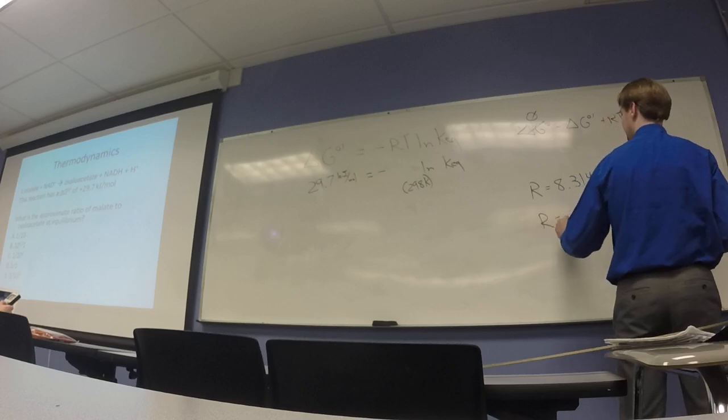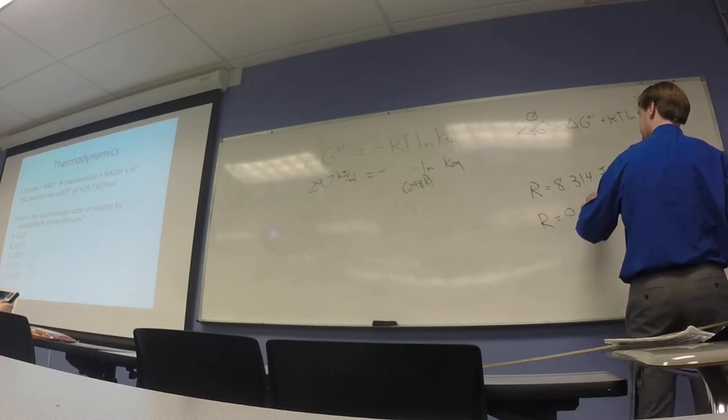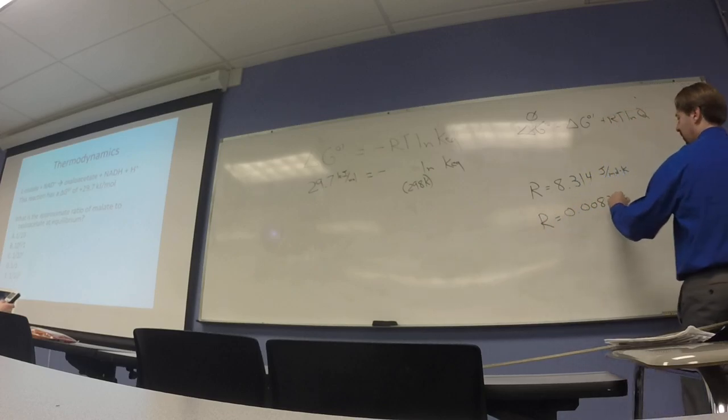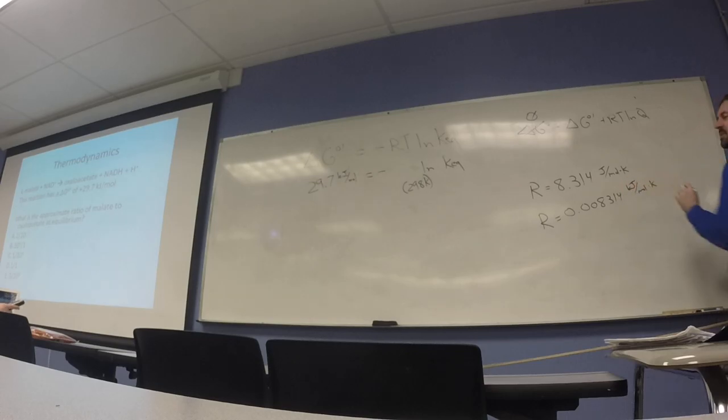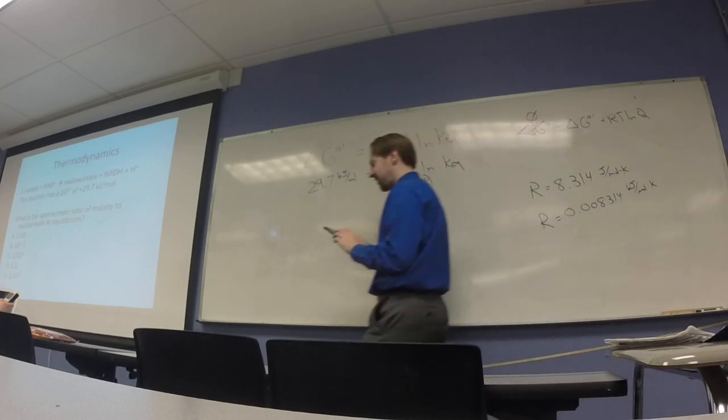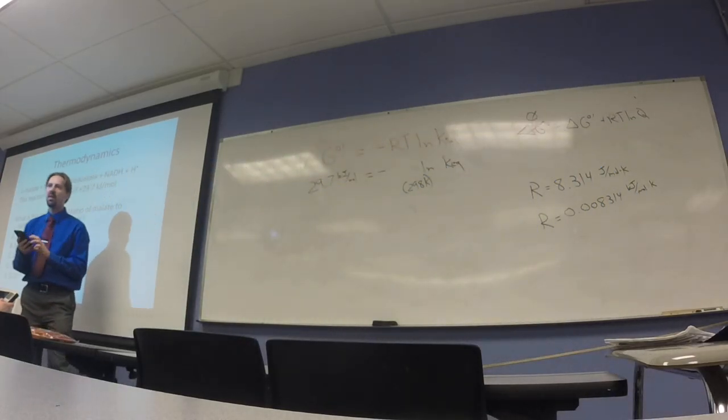Another way to think of this that might be more useful is 0.00831 kilojoules per mole times Kelvin. Or you could put in 1,000 scaling factor every single time. Or you can be exceedingly lazy, like a biochemist. Pro tip, we like to take shortcuts.